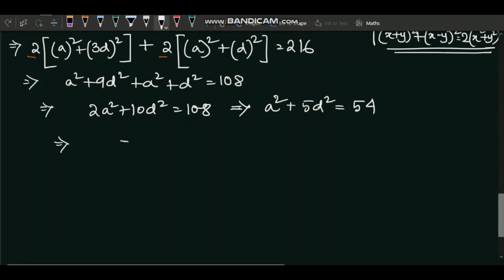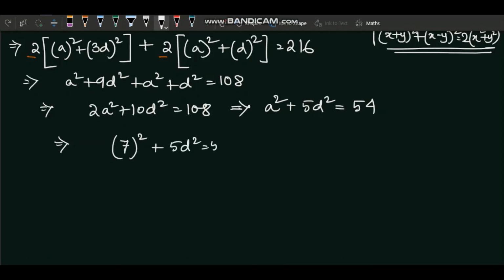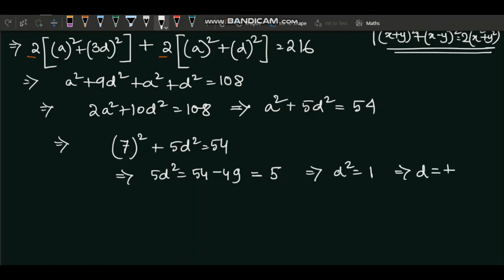The a that we have obtained is 7, and we have 7 whole square plus 5d square is 54. This gives us 5d square equals 54 minus 49, which is obviously 5. Hence d square is 1 and d takes 2 values, plus and minus 1.